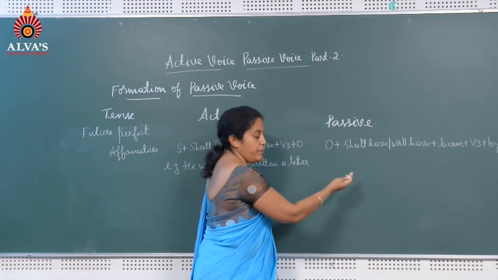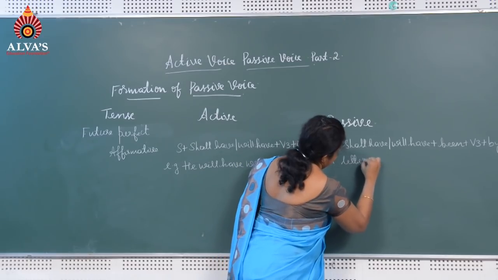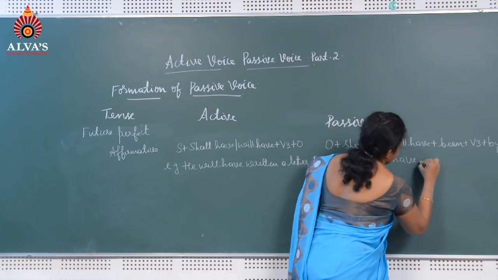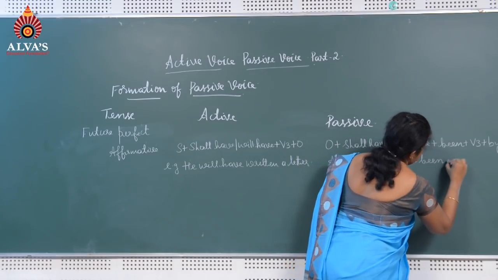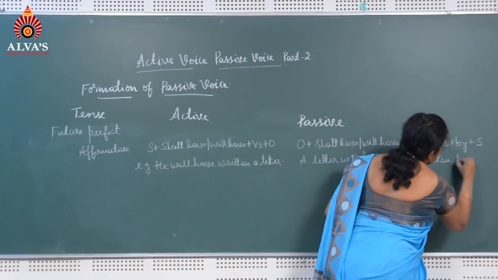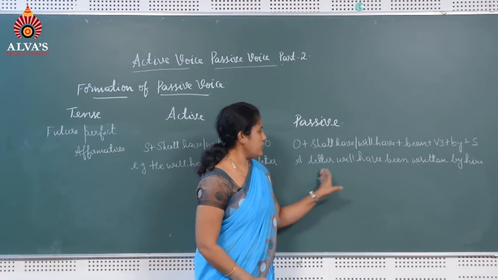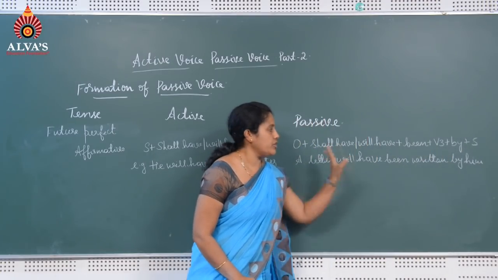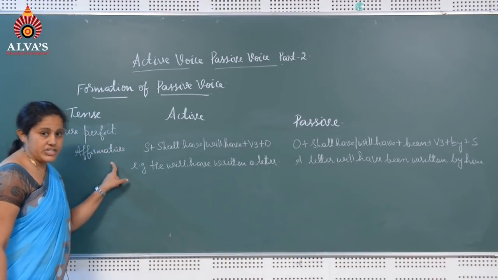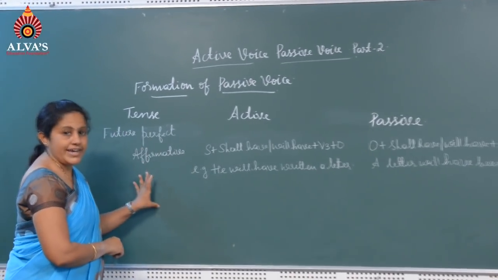When it comes to the passive voice, it becomes a letter will have been written by him. A letter will have been written by him. So, this is a future perfect affirmative sentence. Now, let us see future perfect negative sentence.